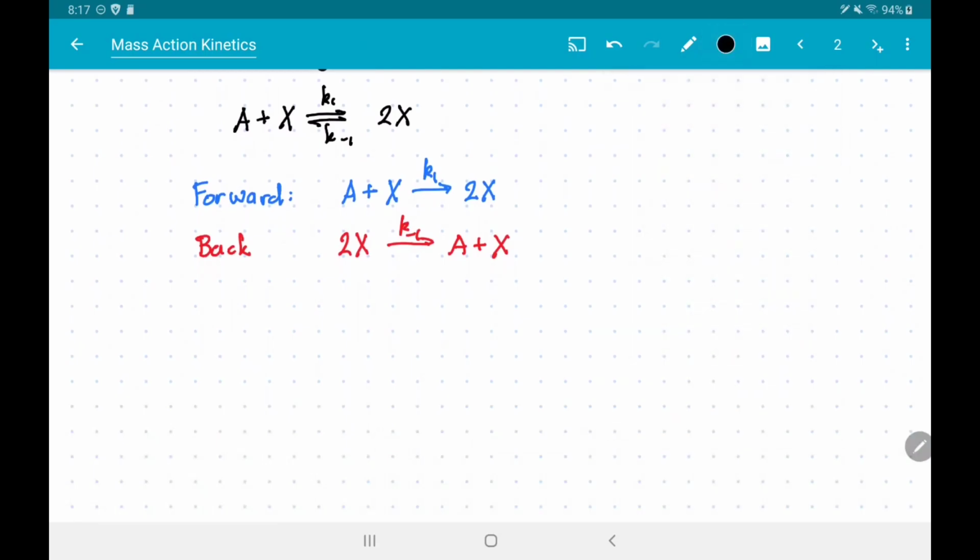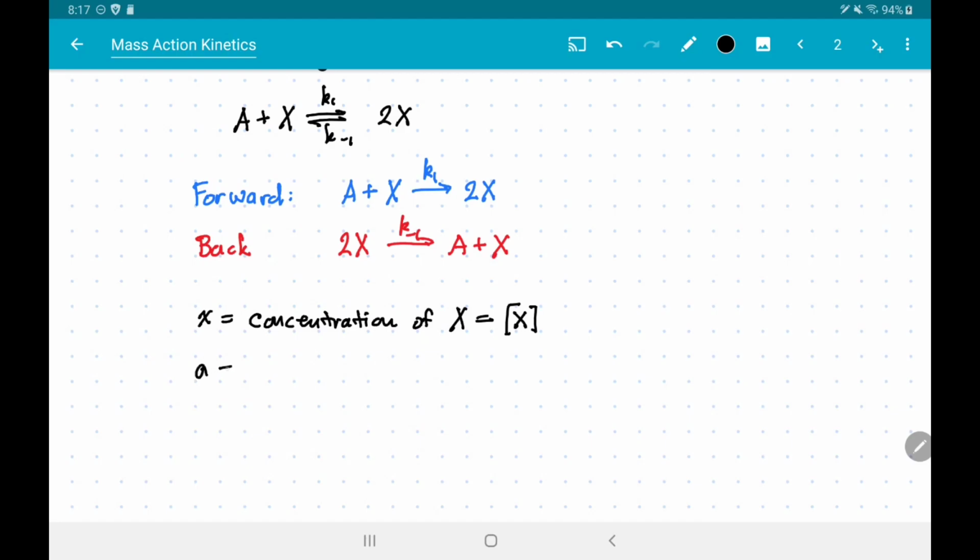So to formulate differential equations, let me first set up the variables. I'm going to let little x be the concentration of species X, which is sometimes written as brackets around an X in chemistry notation.